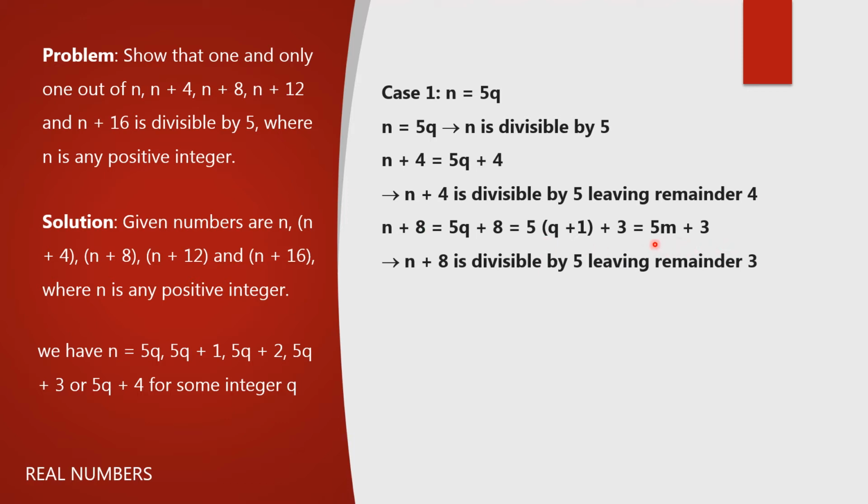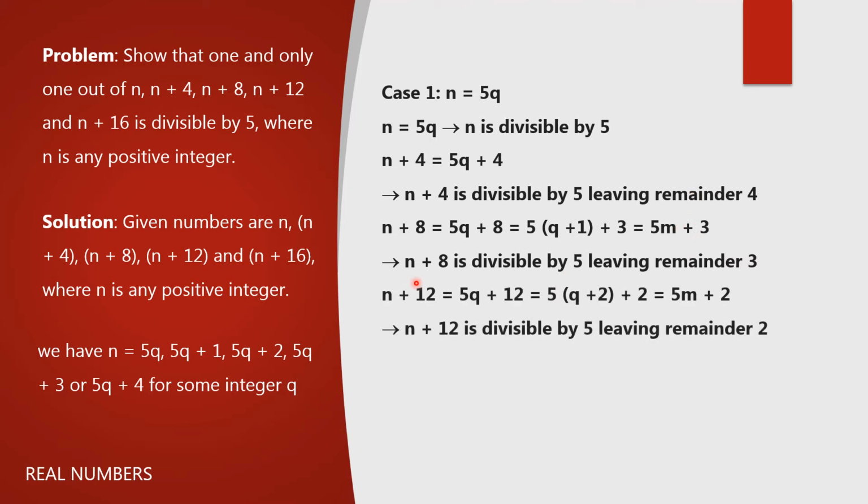Now again it looks like Euclid's division lemma statement. 5m plus 3 means n plus 8 is divisible by 5, leaving quotient m and remainder 3. We concentrate on the remainder only. N plus 8 is divisible by 5, leaving remainder 3. There is some remainder, that's why n plus 8 is not divisible by 5. Similarly, n plus 12 is 5q plus 12.